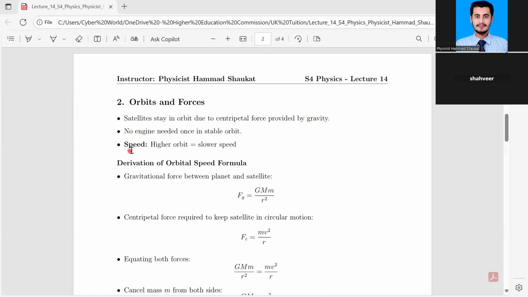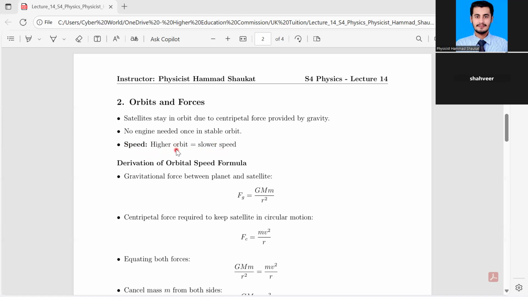The important thing is the speed of your satellite. The higher the orbit you go, the slower the speed will be. Higher orbit means you are moving away from the Earth. Suppose Earth and Moon: if the Moon is revolving very far from the Earth, its speed will be slow.